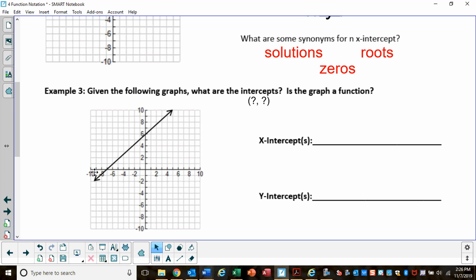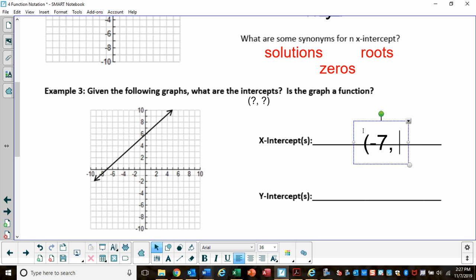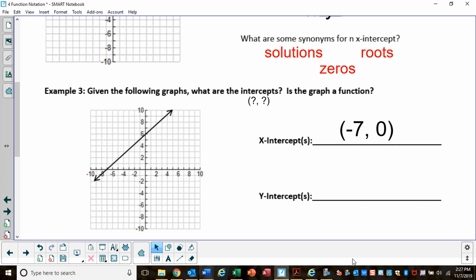So I look at the x-axis. This guy is crossing right here, and that number is at negative 7. So the x value is negative 7, the y value is 0. So I just write it as an ordered pair. So it's negative 7, comma, 0 is my x-intercept.